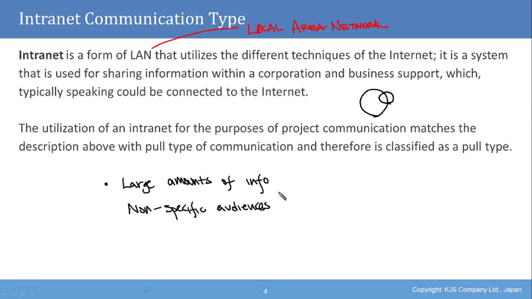In contrast, fax and email, for example, are targeted at specific audiences. So we say that the intranet is classified as a pull type of communication.